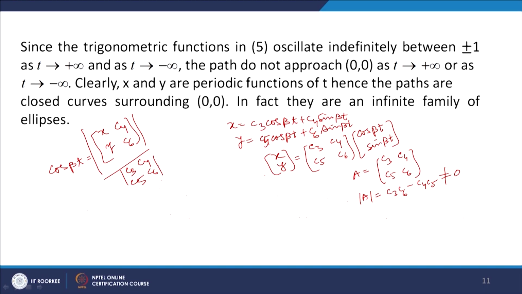So, this is cos beta t, and so this is equal to (c6 x minus c4 y) divided by the determinant of the coefficient matrix, determinant of A, which let us call delta.